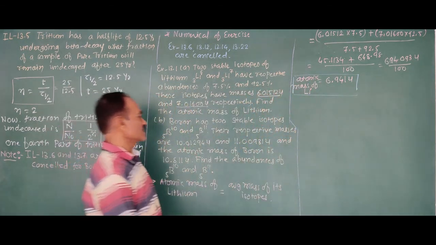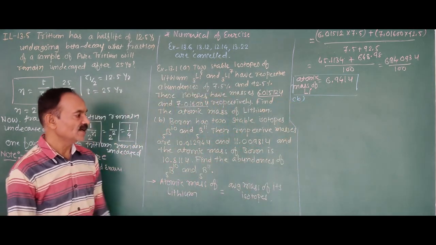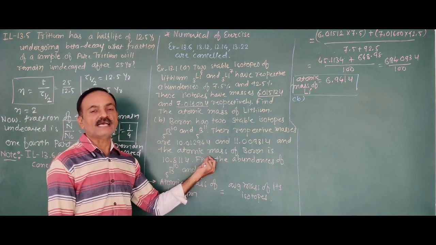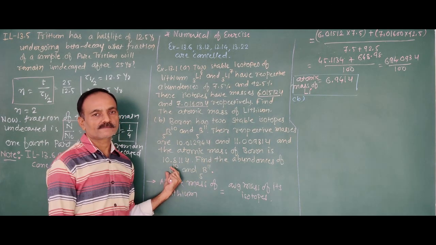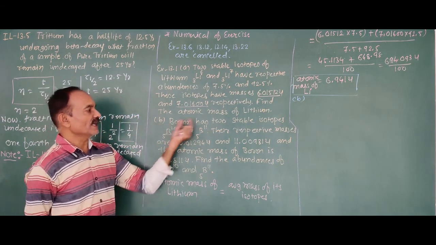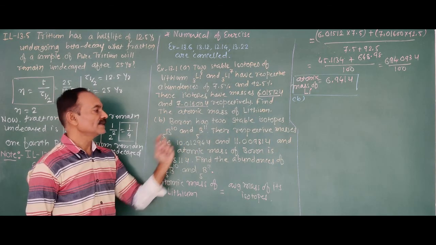Now the section B is also the same as this, but here we have to find out the abundances of the isotopes of boron. The second part: boron has two stable isotopes, boron-10 and boron-11.